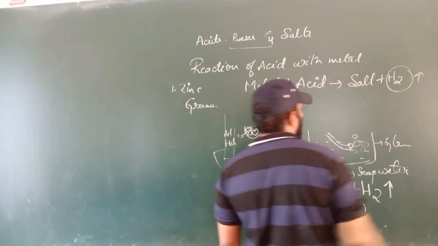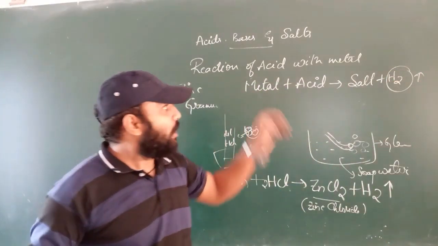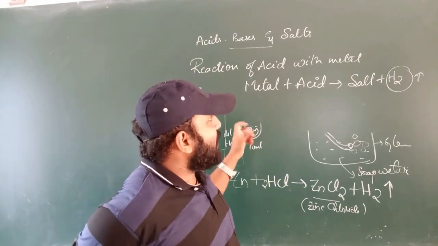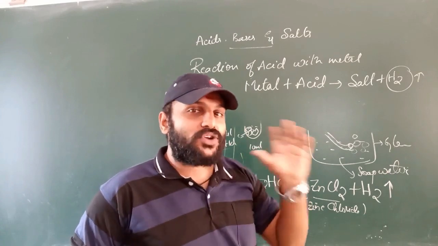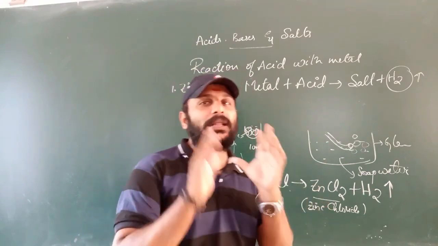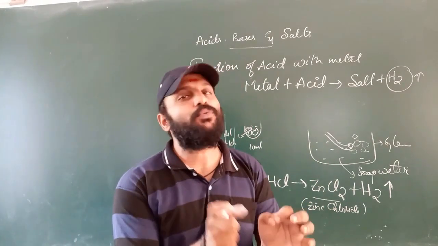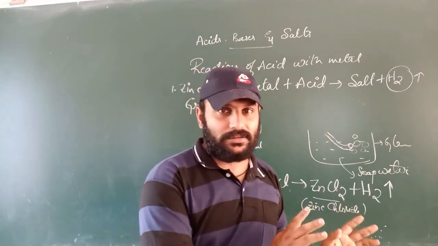This is important. So reaction of acid with metal gives hydrogen gas. What we have learned is that when we react an acid with a metal, what about the reaction of a base with a metal? The important point is that all bases will not react with the metal. Only a few bases react with the metal. Remember it.